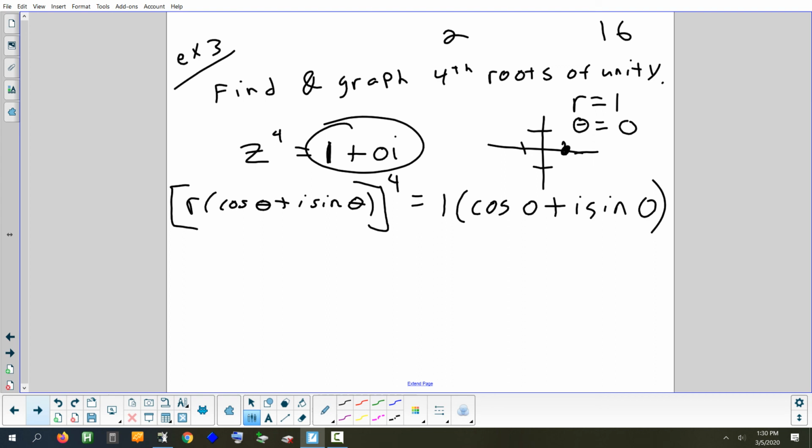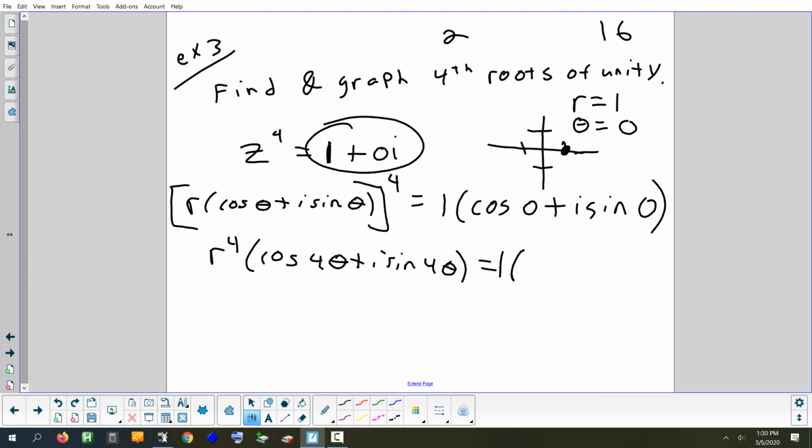Now, how can you simplify the left-hand side? r to the 4th, cosine 4 theta plus i sine 4 theta. And the right-hand side, like I said, just stays the same the whole time. That never changes. 1, cosine 0, i sine 0.